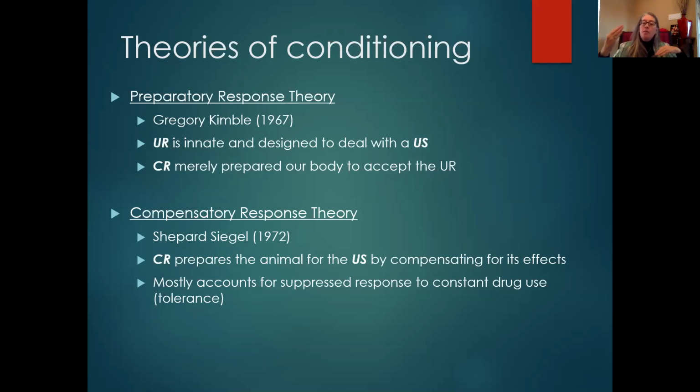So we better compensate because we know this US and UR are on their way. And so the CR actually prepares the animal for the US. With drug tolerance, we mean you're going to need more of the drug to get the same response, because your body's compensating with the response that it expects the drug to do, because your body doesn't want this drug to have too much of an effect.